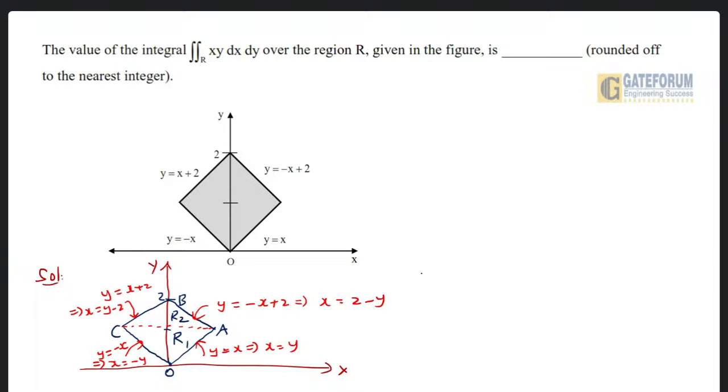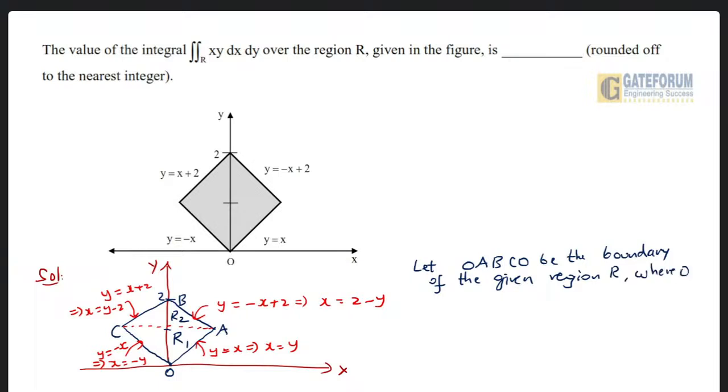Now let O, A, B, C, O be the boundary of the given region R, where O is equal to (0, 0).